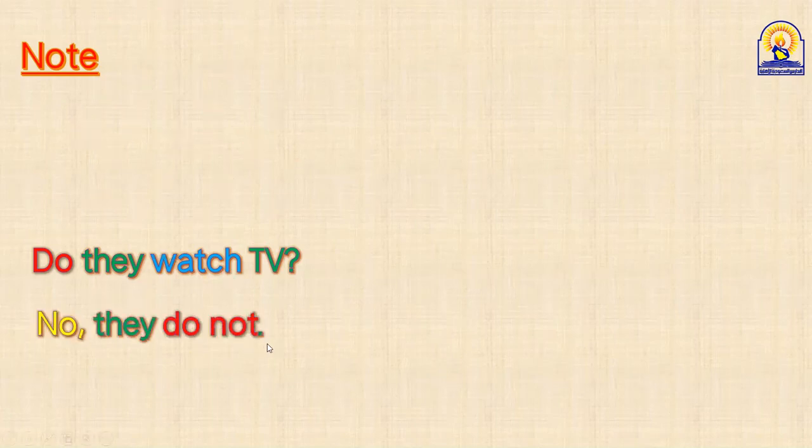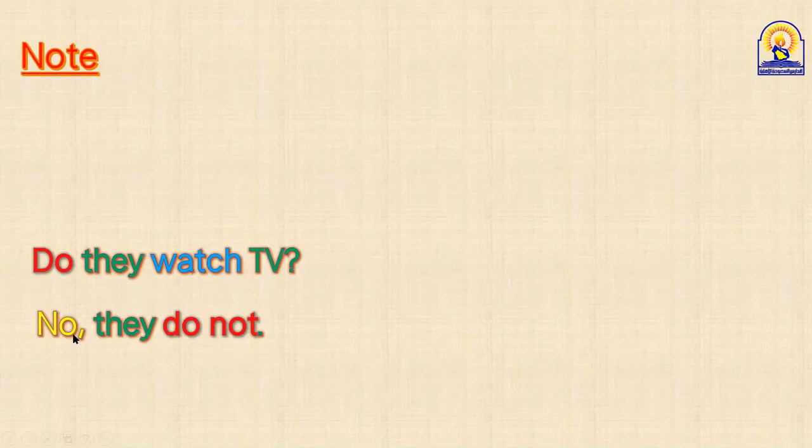So if you answer with no, you say no, they do not like this, right? Not correct. Because we put an apostrophe. I know that do not equals don't, right?